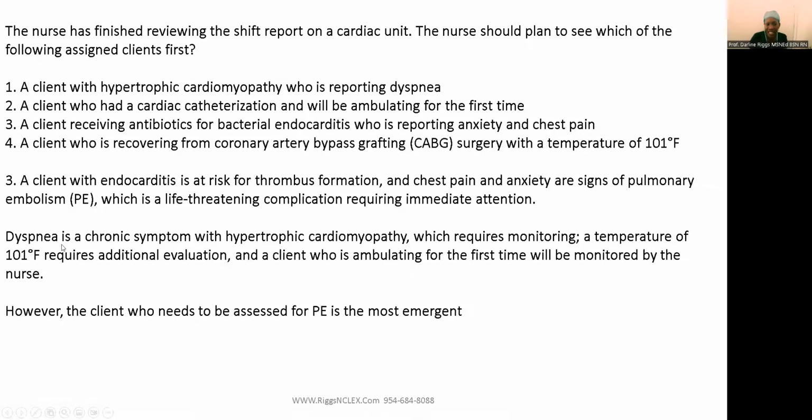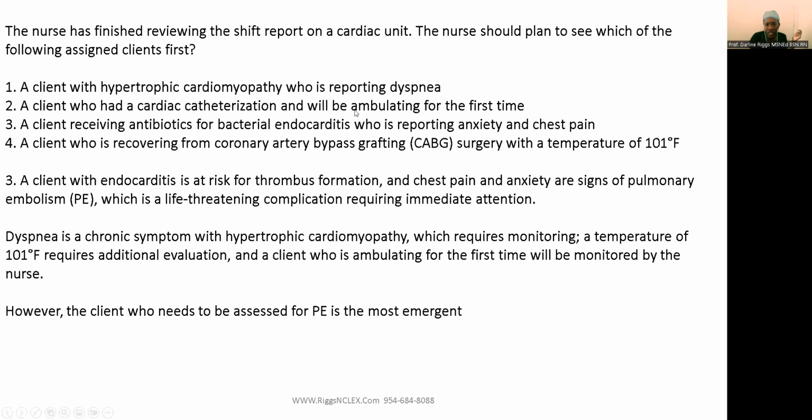Okay. The dyspnea client who has a chronic symptom with hypertrophic cardiomyopathy, that's expected, right? Chronic symptoms of that. We're gonna monitor them, okay? The temperature client, yeah, we're gonna look into that, but that's not gonna kill somebody right away.